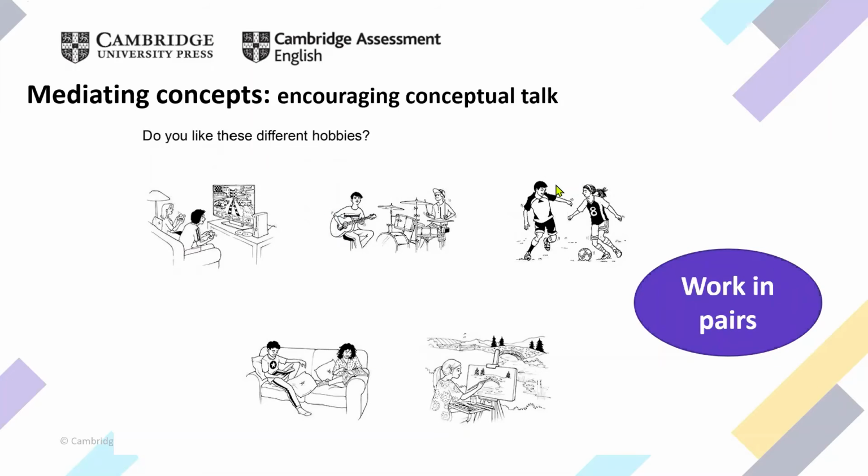Yeah, and here what they have to do is just say whether they like the different hobbies or not, working in pairs, so expressing their opinion, and also if possible asking their partner for their own opinion.